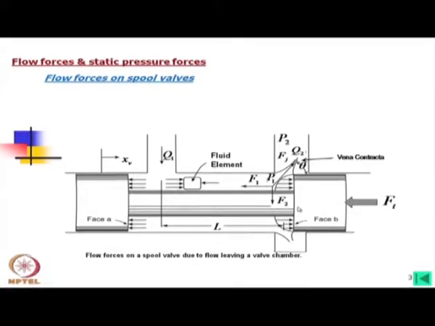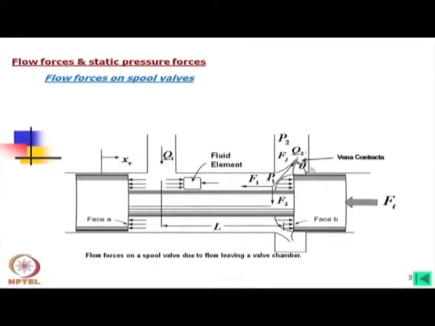Now, let us consider this opening. What is shown here apparently looks big, but it will be a very small opening. If you have some idea about orifice flow, which I have discussed a little bit, usually this flow will be at an angle.